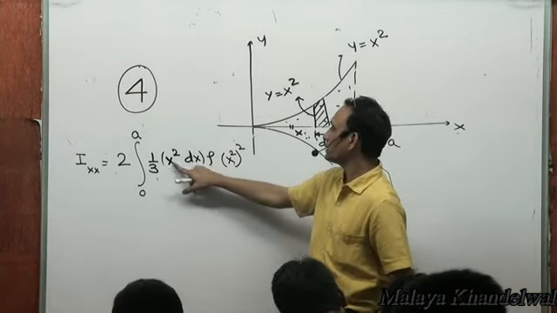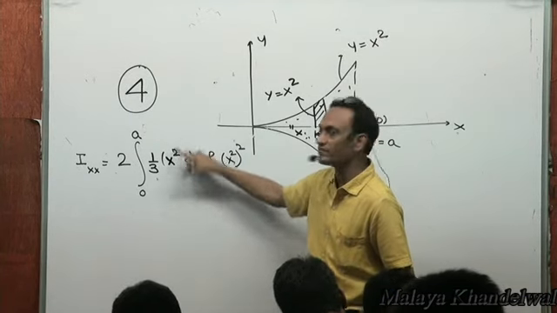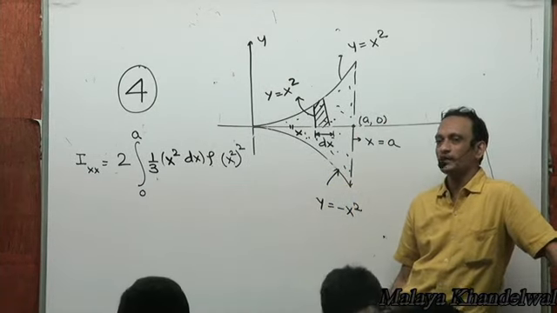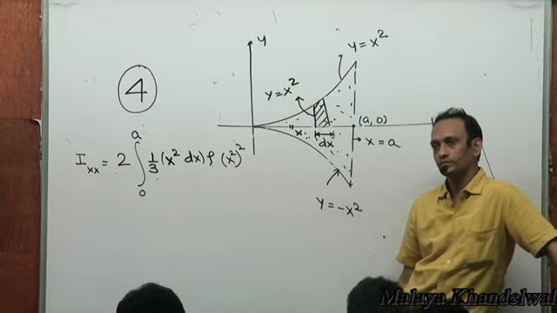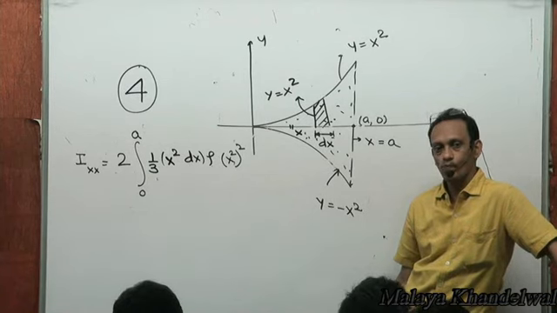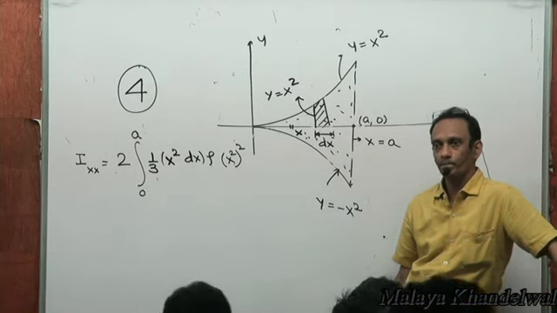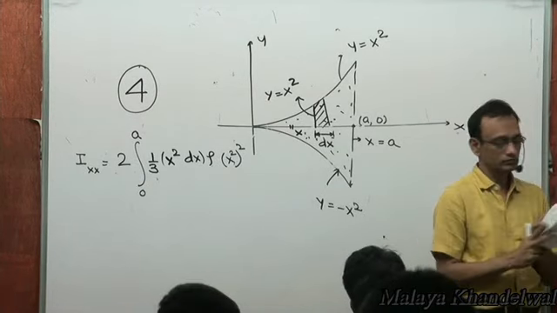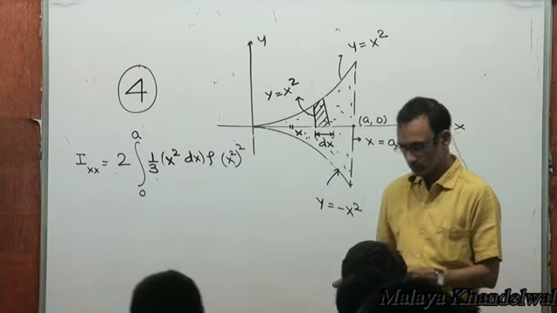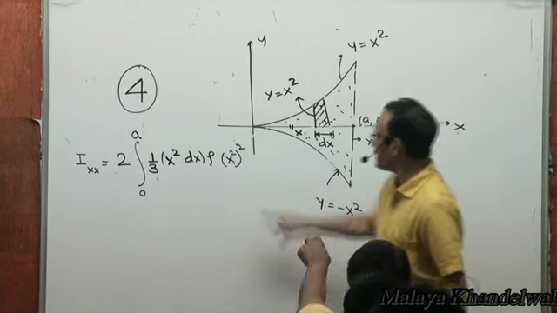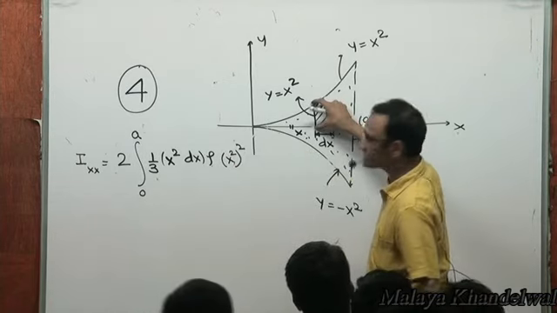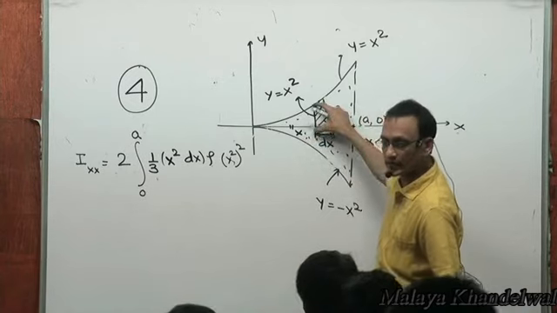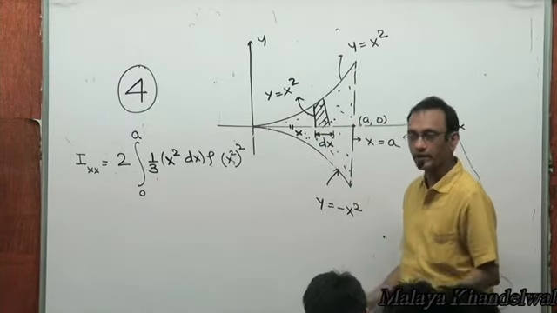X power 4 into x power 6, so x power 7 by 7, so a power 7 by 7, etc. So 2 by 21, etc. M L squared? L is x squared, isn't it? So 1/3 m L is x squared, L squared, right?